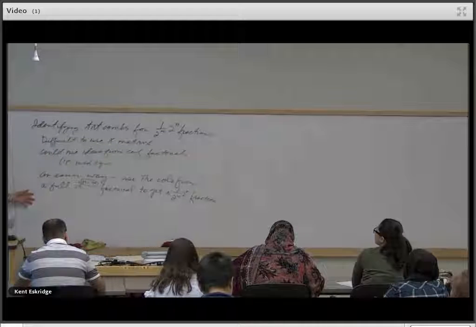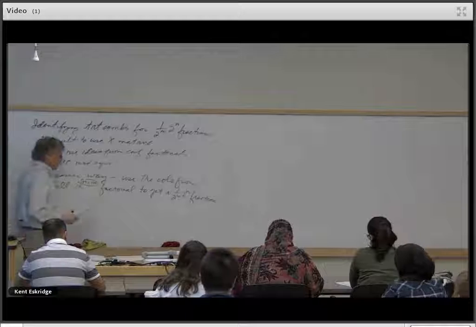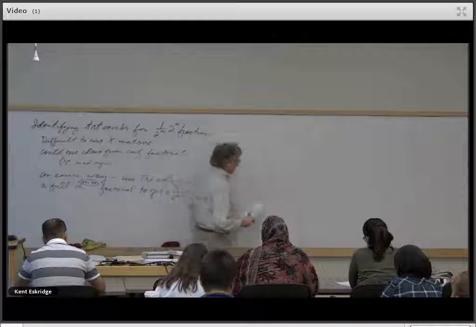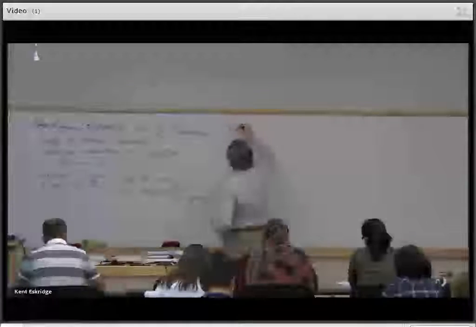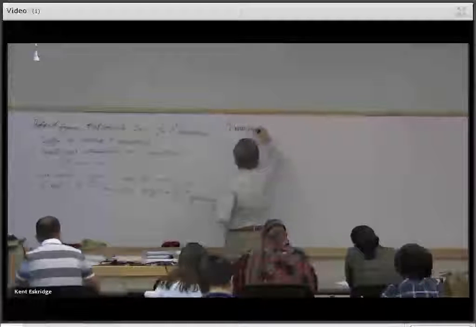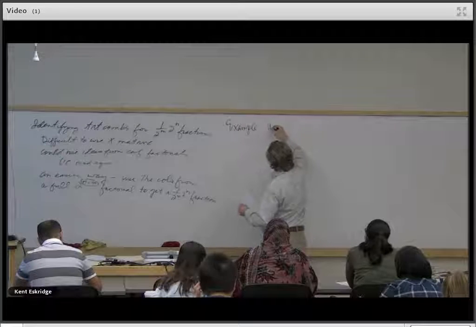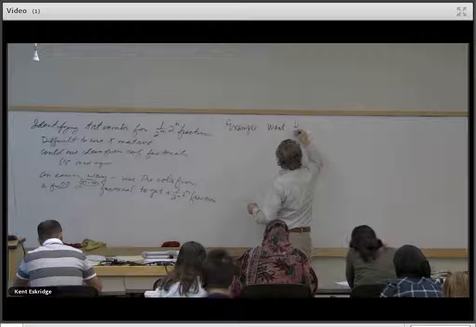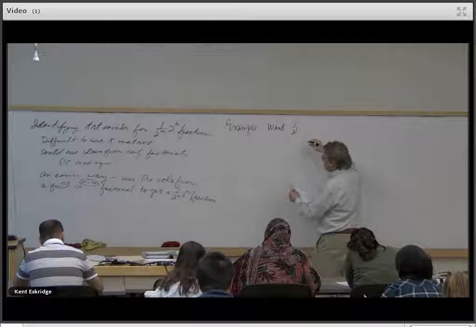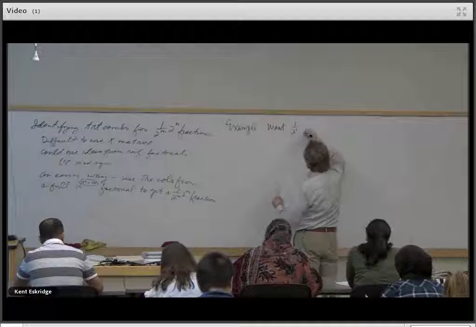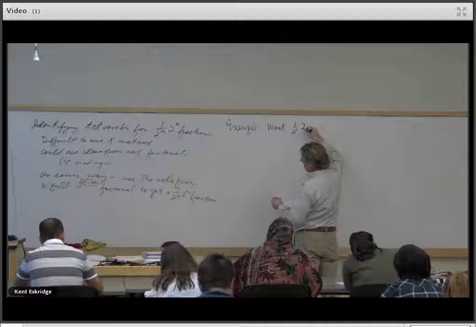So we've got at least three ways we can get it. This is an easy way, and it's really quite easy to see. So I'll give you an example. I'm going to have a 2 cubed. I want a 1 over 2 to the 1 fraction. M is 1 in this case.